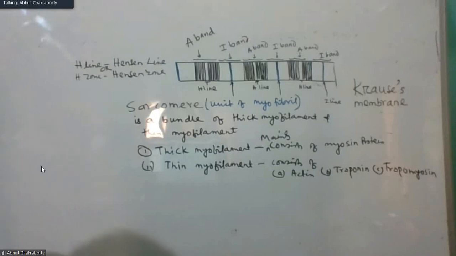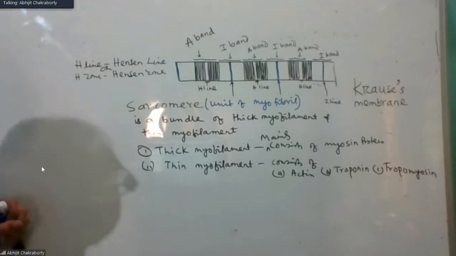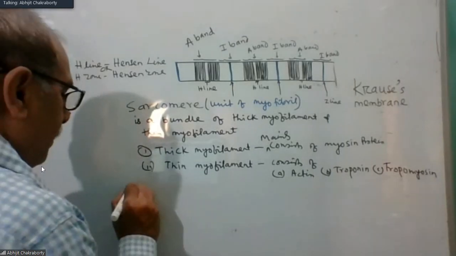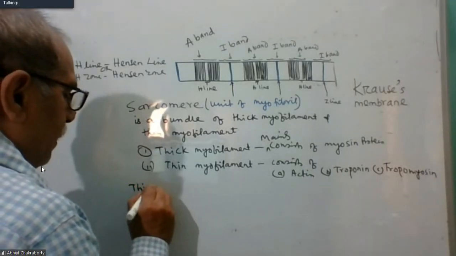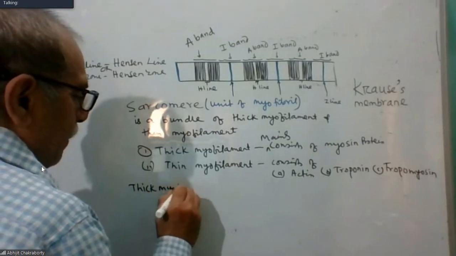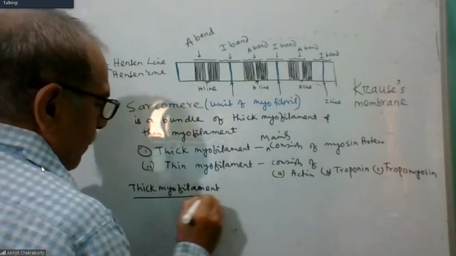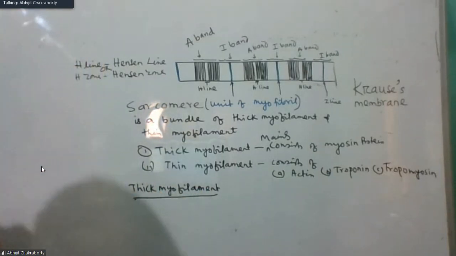Clear? Now regarding thick myofilament, I have to discuss now. This is the part I have to discuss now. Thick myofilament consists of heavy chains and light chains.